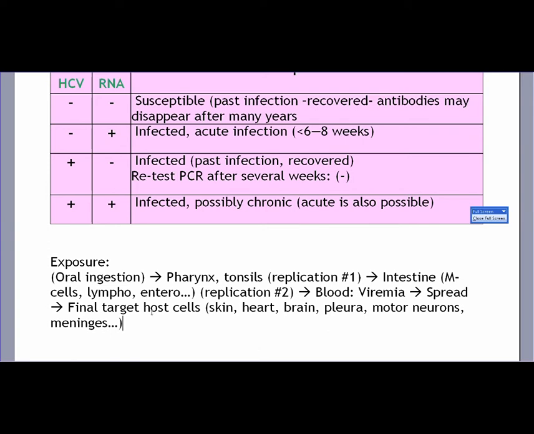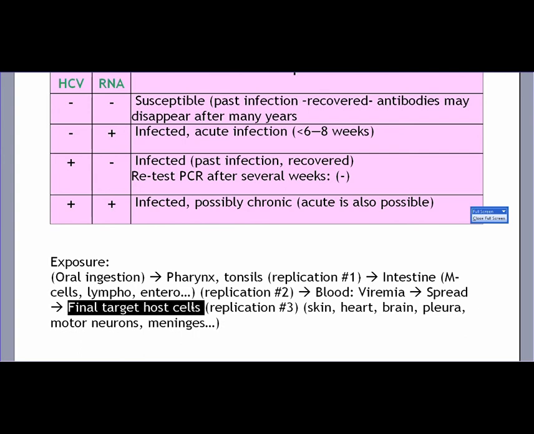In these final target host cells, they also replicate. So this is the third replication. So we can say in very simple words that enteroviruses can replicate until 3 times in 3 different places. The final target host cell may be very different tissues, okay? This is common for all enteroviruses.